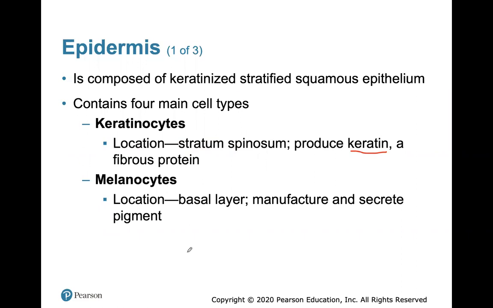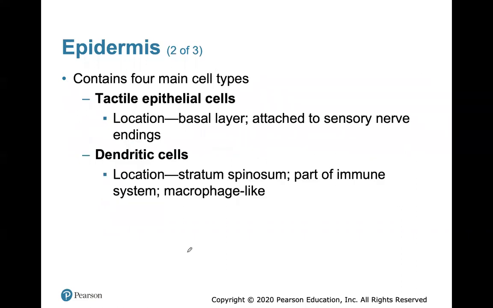Melanocytes are located in the basal layer, and they manufacture and secrete the pigment melanin, which helps to give people different skin colors. Tactile epithelial cells are in the basal layer. They are attached to sensory nerve endings. And dendritic cells are a part of the immune system. So they help to fight off infection. They're macrophage-like, so they will engulf or eat anything foreign.